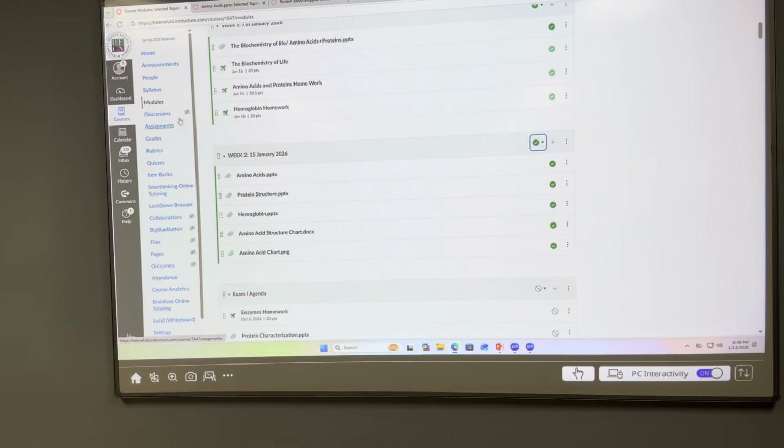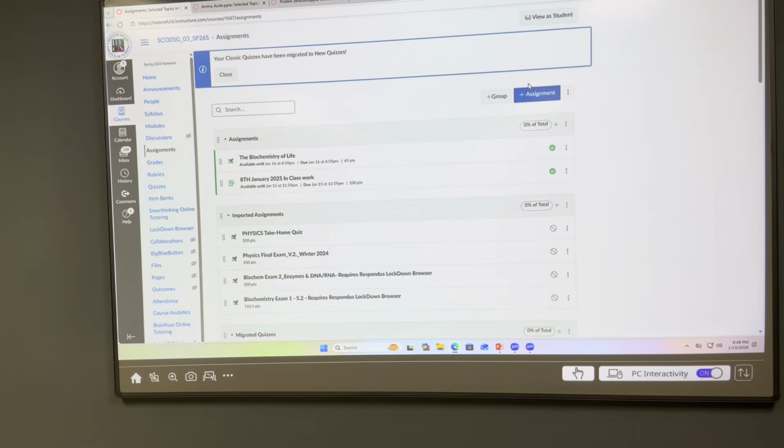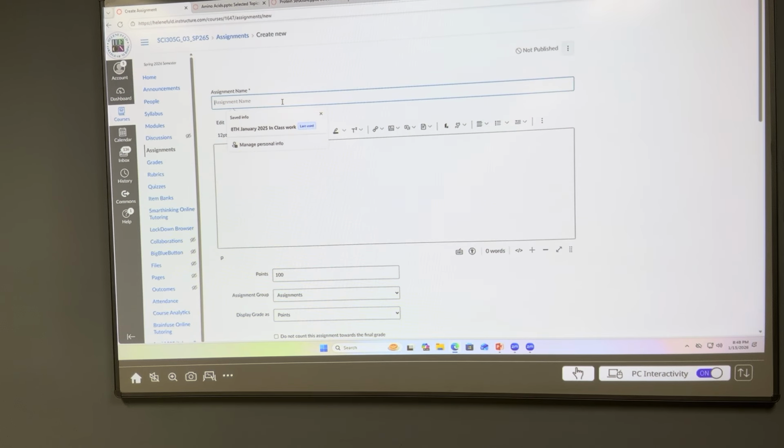Okay, let me show you the portal right now. Always look at the date. Begin with the date. 15th January 2026, in-class work: amino acids, protein, and hemoglobin.